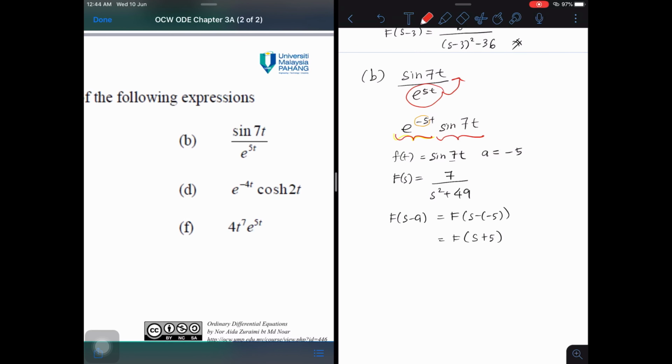You need to replace all s in the function f(s) here with s plus 5. So what you will have, f(s+5) is equal to 7 over (s+5) squared plus 49. So this is the solution of the Laplace transformation by using the first shift theorem.